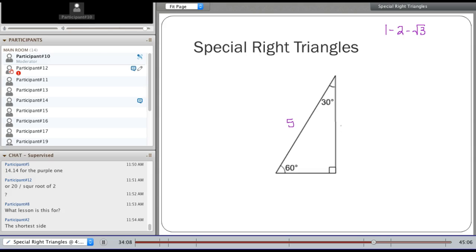Yes, good, Mwada. That is correct. So the 1, she's saying, is going to go across from the 30 because the 1 is the shortest side. Okay? What about the 2 and the square root of 3? Which one of those is bigger?